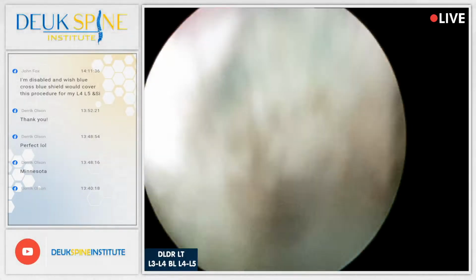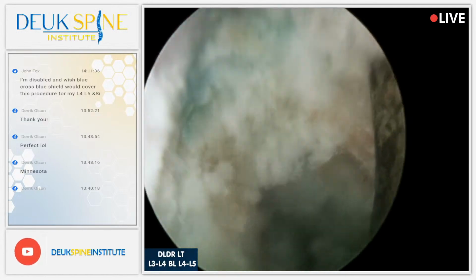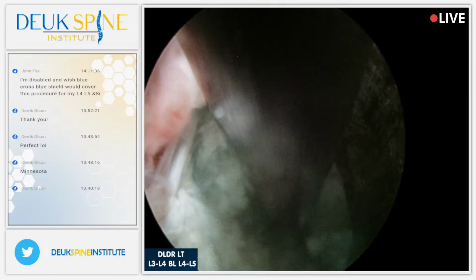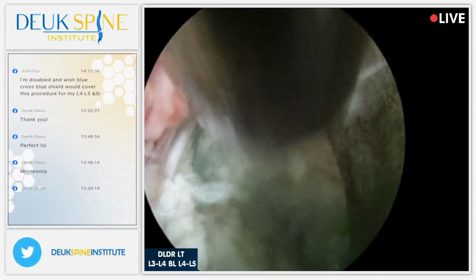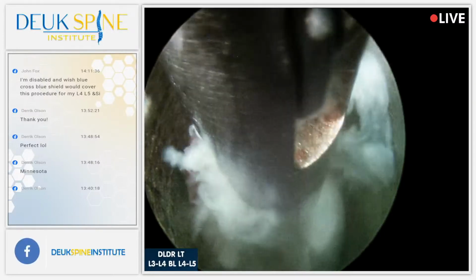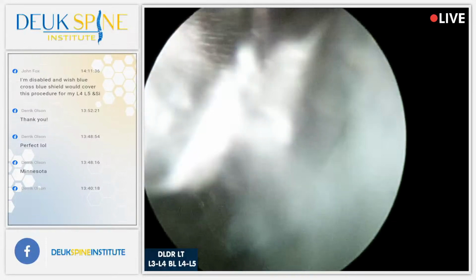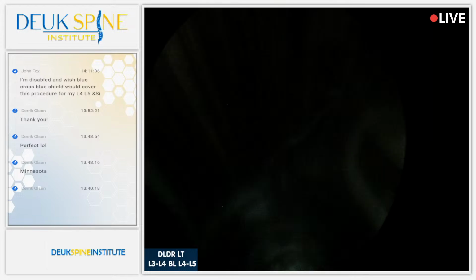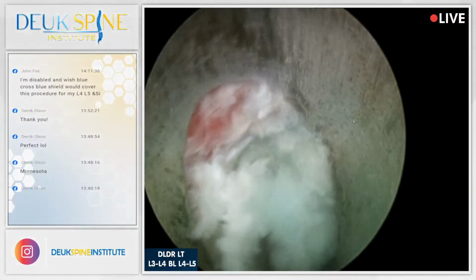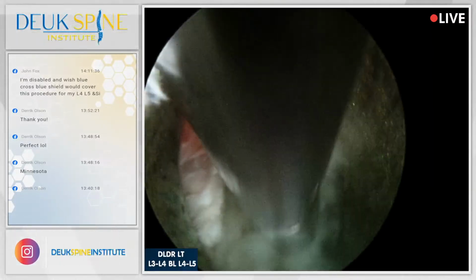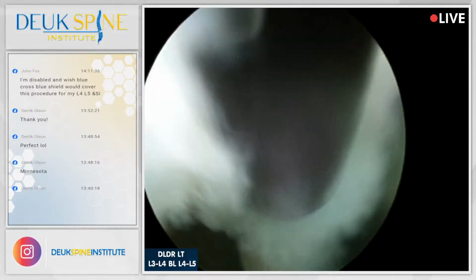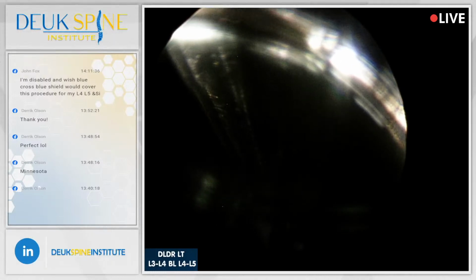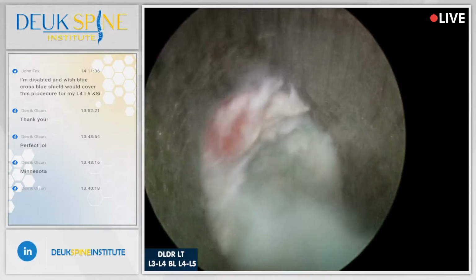We have another comment from Facebook, coming from John Fox. John says, I'm disabled and wish Blue Cross Blue Shield would cover this procedure for my L4, L5, and S1. John, you and me both, my friend. There is a way to get the insurance companies to cover your surgery, and it is to fight with them to get them to do it. And we do that with Blue Cross. We really do.